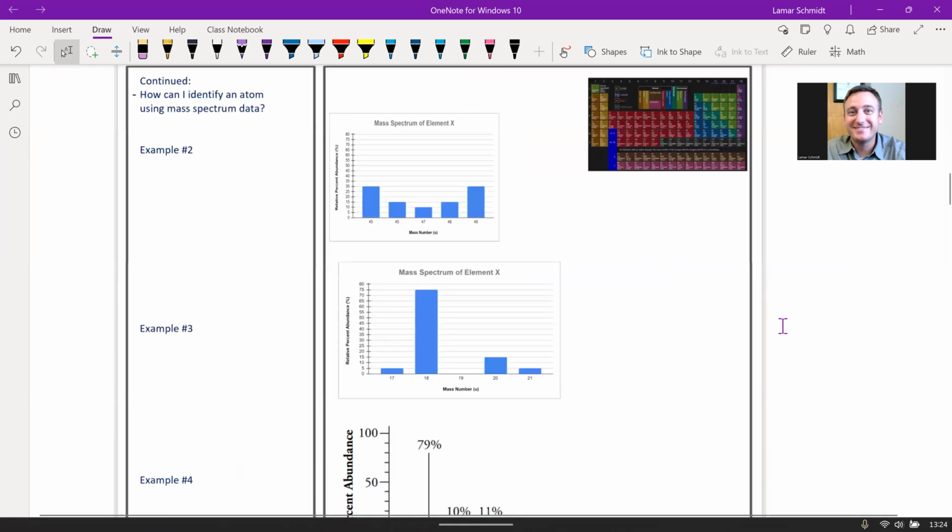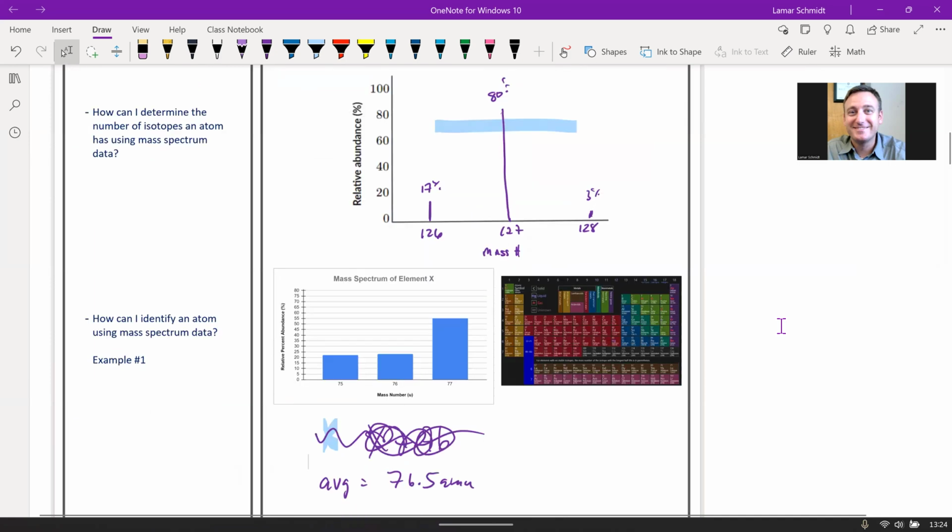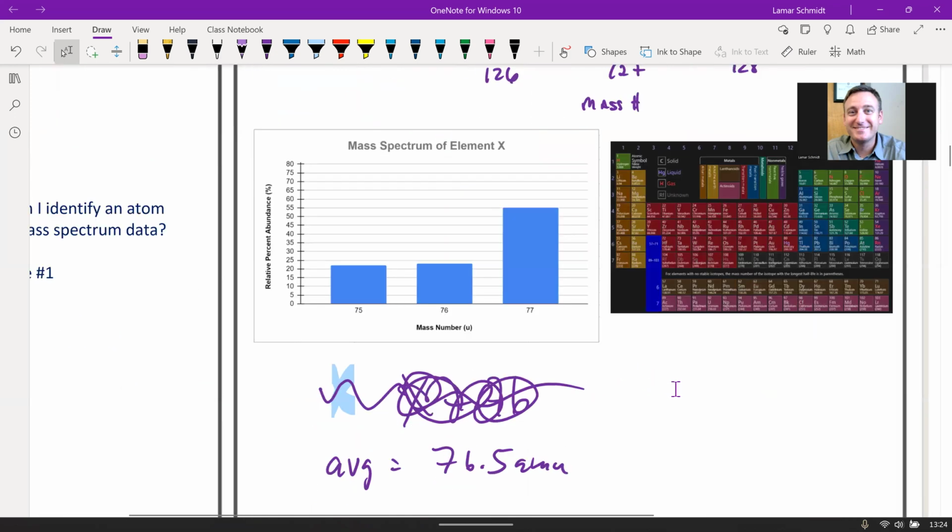Probably just because we estimated. Where is it? No, there's no way you're going to get 77. 77 would be too much. You can't get an average of 77 from that. It has to be somewhere between 76 and 77.